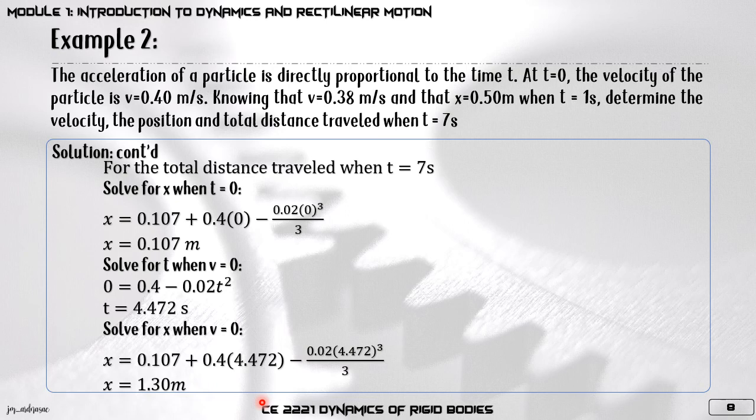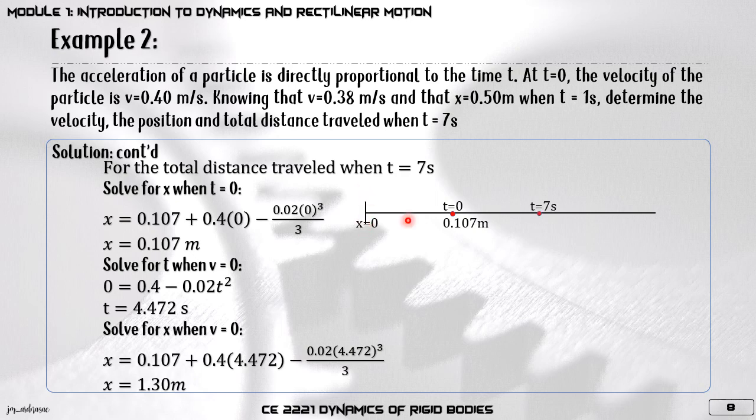So what does it mean? So if this is the line of motion of the particle, we have this point as x equal to 0. So at time equivalent to 0, the position of the particle is at 0.107 meters from your reference point.